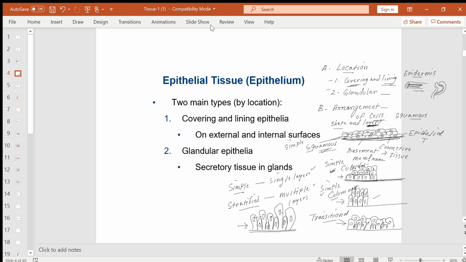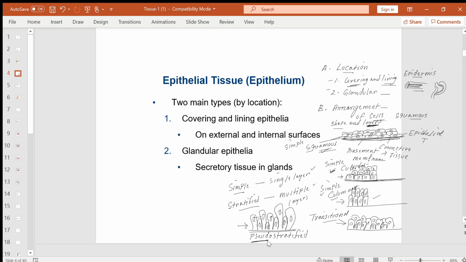That's why this type of epithelial tissue is called pseudostratified. Pseudo means false, multiple layer. Actually it is what? A single layer, but looks like multiple layer. That's why it is called pseudo, means false, multiple layer.